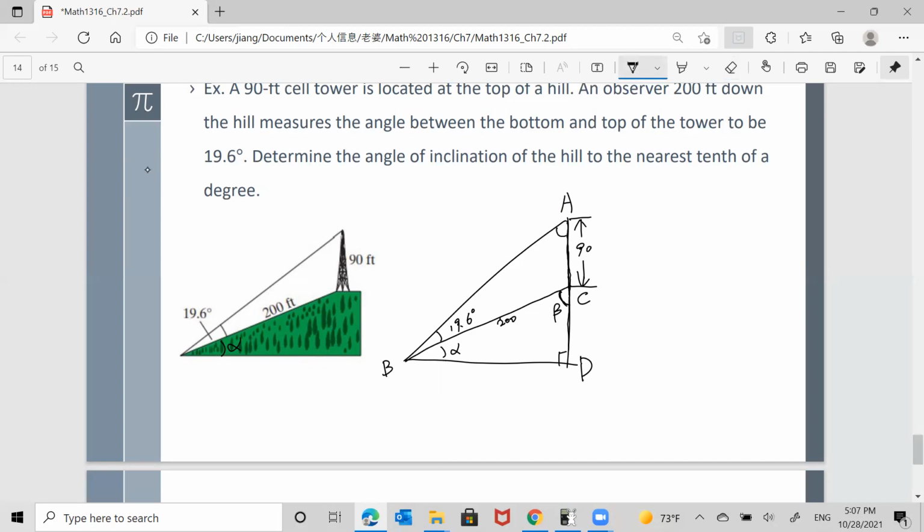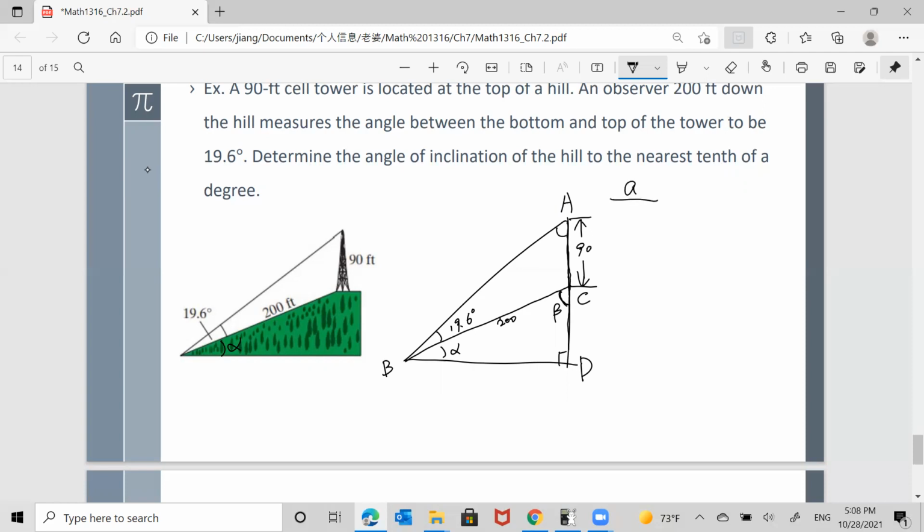In this triangle, they provide us more information. That's the reason why I'm looking for angle A. In this triangle we have the opposite of this angle and the length here, so we can use the law of sines.